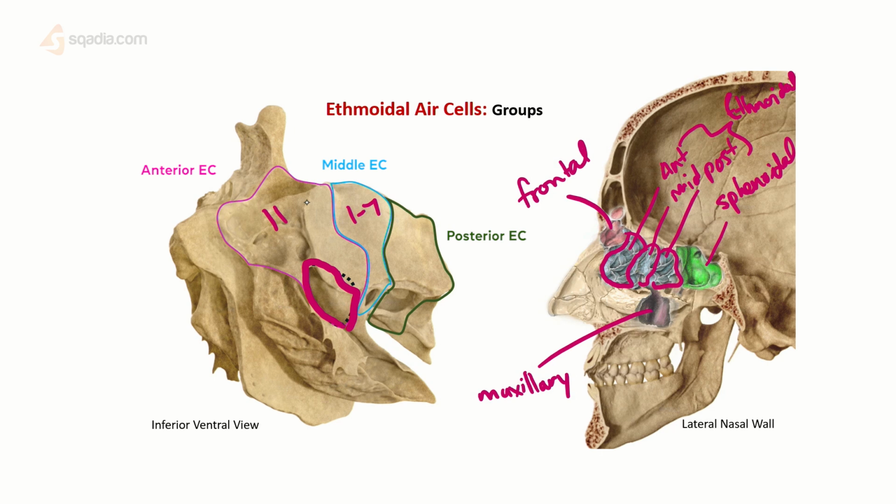They open directly into the middle meatus and are sometimes called bullar cells, as they form the ethmoidal bullae. You look carefully. This here is the ethmoidal bulla. The posterior group also contains 1 to 7 cells. They open directly into the superior nasal meatus.